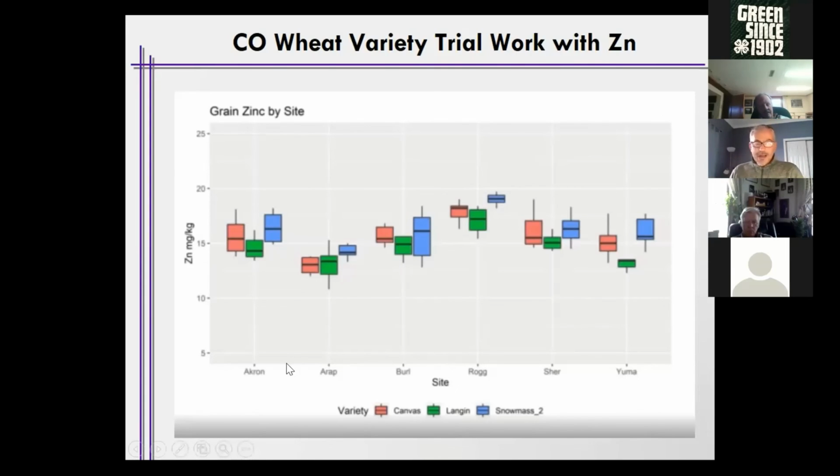So my answer, based on some of the work we've been doing at other locations for the last, oh my gosh, 20 years, would be, yeah, you would see in this case, this picture here, zinc grain concentrations increase. But based on experience over the last 20 years working at sites in Colorado, it would not come up above 25 ppm.